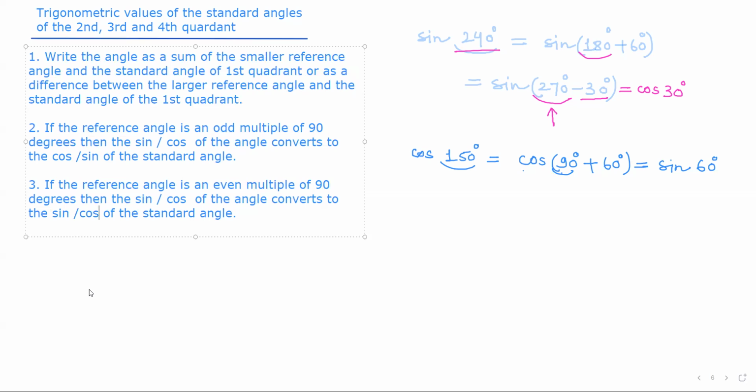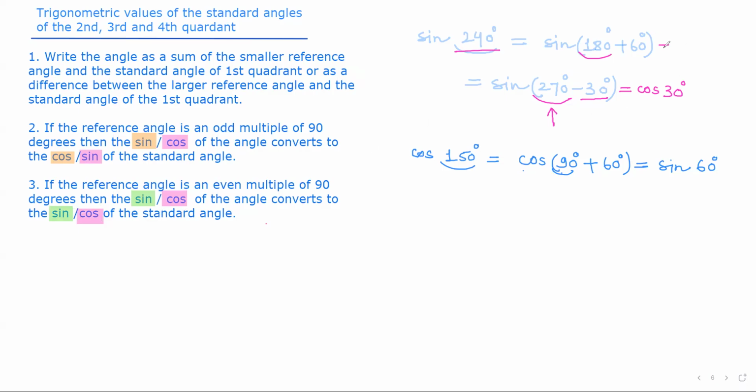Here the function does not change, only the angle changes. It's simple here. Sine remains sine and cos remains cos, but the angle changes to the standard angle.